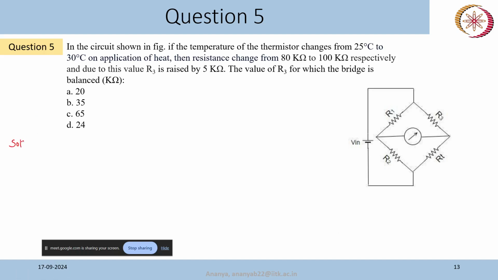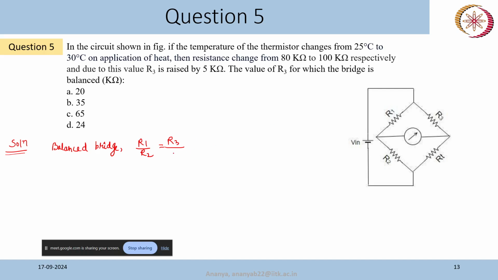This is the correct answer. Let me solve this also. So the condition for a balanced bridge is R1 by R2 is equal to R3 by R4.